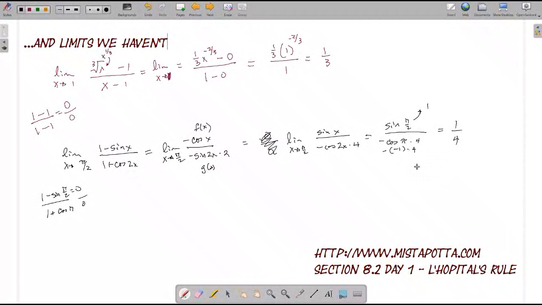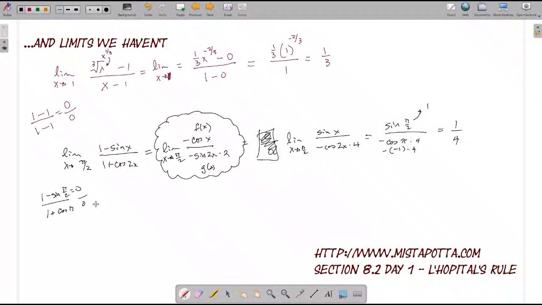So the act of doing this over and over again gives me the possibility of evaluating the limit. I'm not limited to just using L'Hopital's one time, but in fact I can use L'Hopital's as many times as I need, as long as I end up with that indeterminate form.